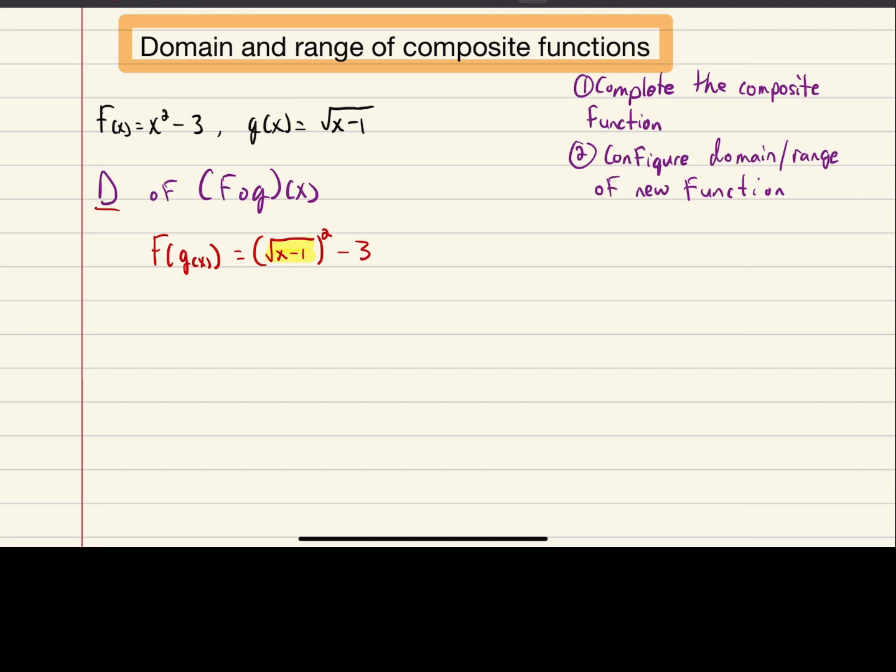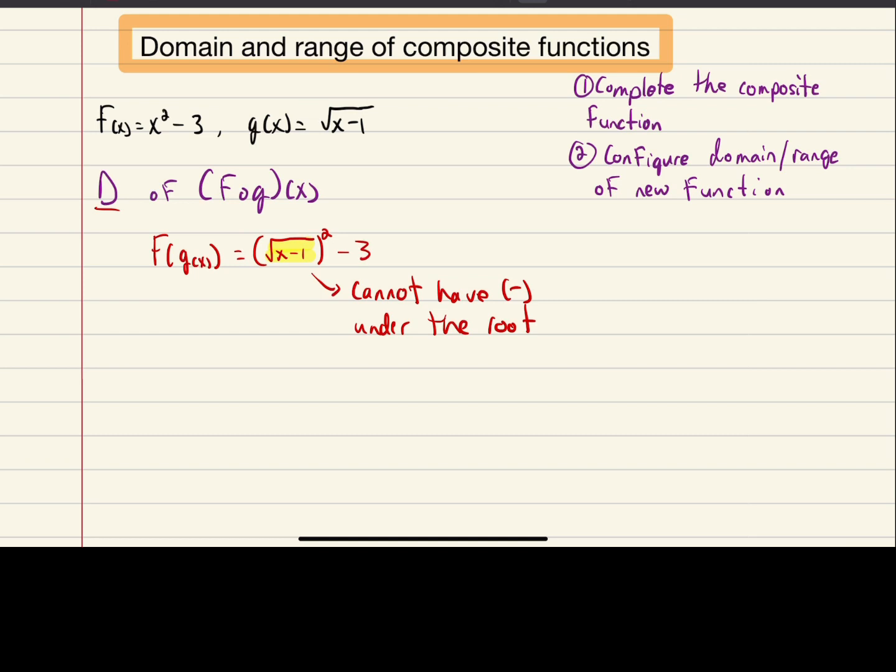And what we know, I'm going to write a little note here, is that you cannot have a negative under the root. So any value of x that is going to make this root value less than 0 would not be allowed.